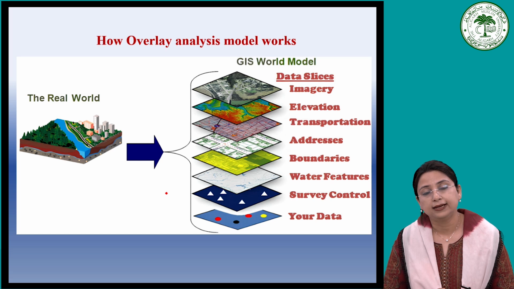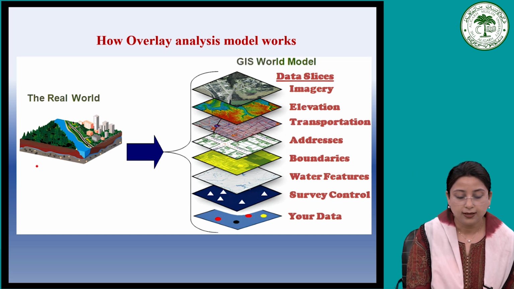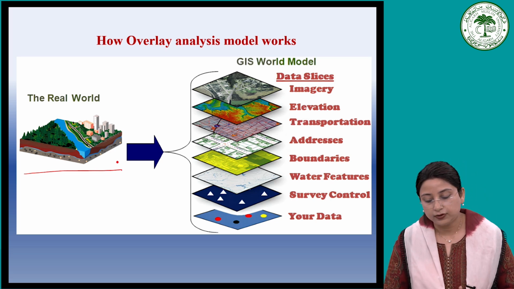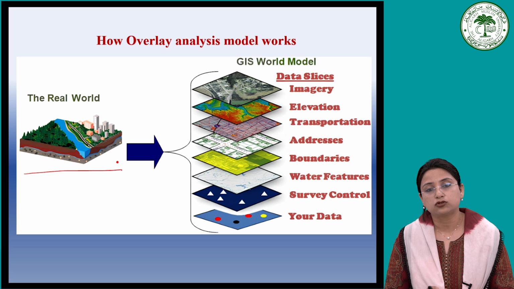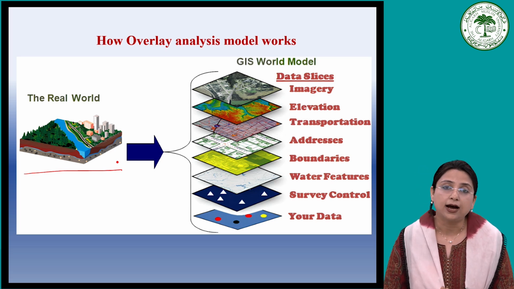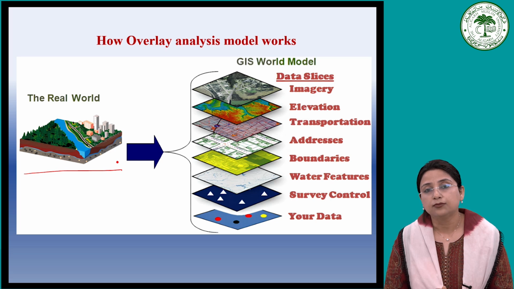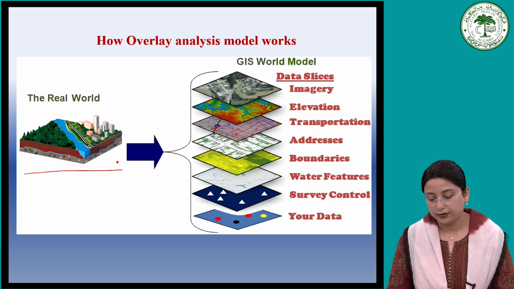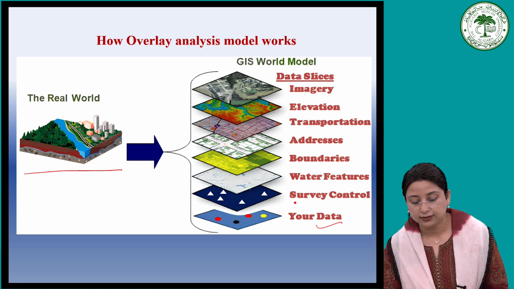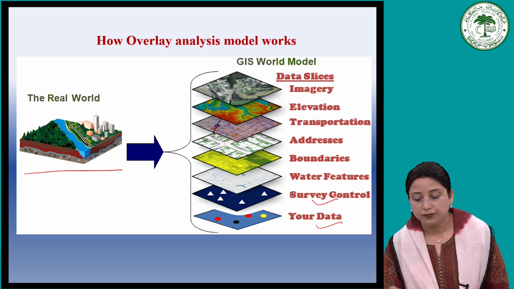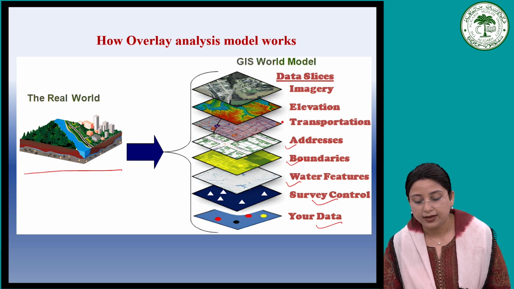Now, how does an overlay analysis model work? Suppose this is our real world. According to the problem to be addressed, certain factors need to be considered as input layers. Our data is one of the layers. Then another layer or factor we can choose is the survey control. We may have the water feature input layer, the boundaries, certain addresses, transportation, elevation, imagery, and data slides.